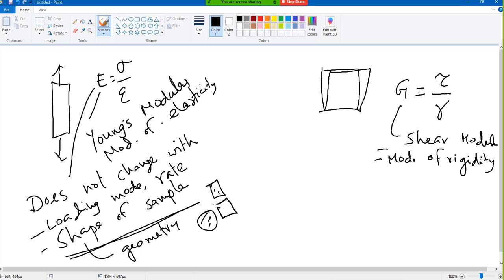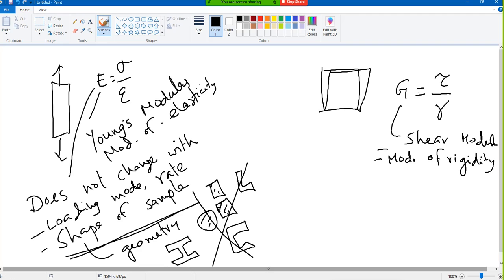So square, rectangle, rod, angle section, C section, W section. You call it I, actually it's W, wide flange. Okay, forget the name. Shape doesn't matter.